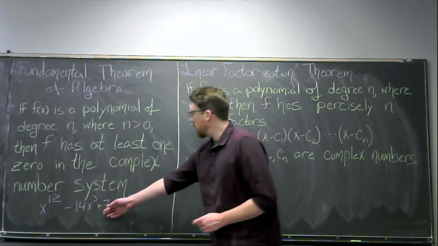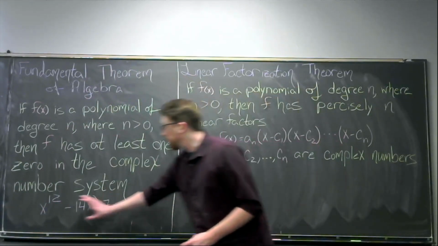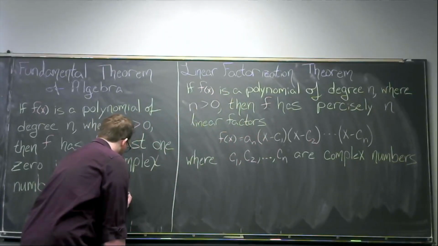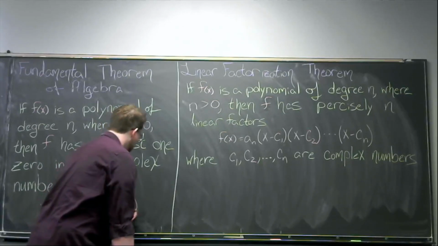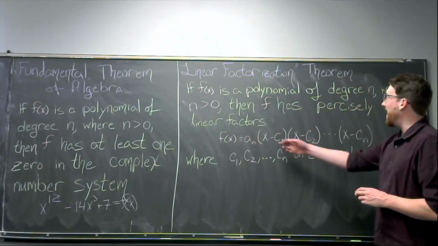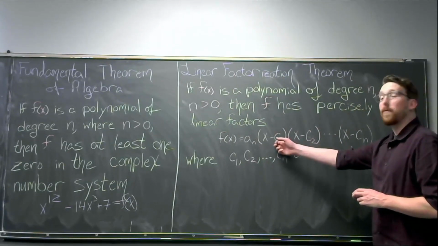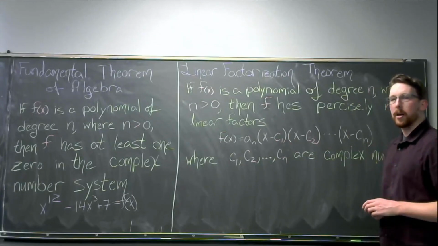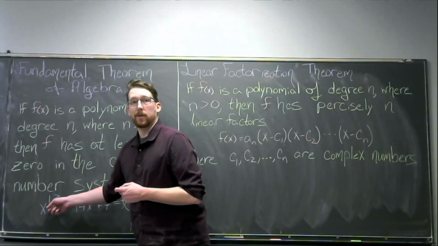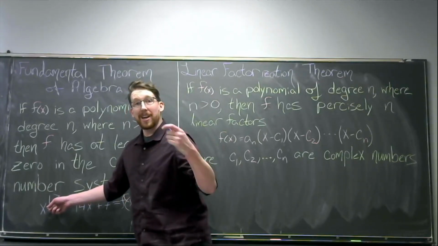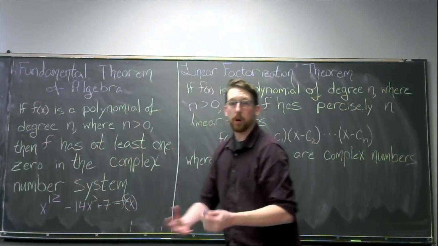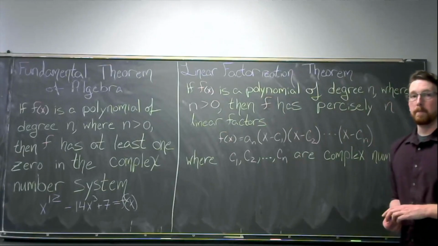For this function here, let's call this f of x, you're going to have exactly 12 factors. Why is that? Because the degree of your polynomial here is 12. The degree is the power on your highest term. It's the highest power in your polynomial.